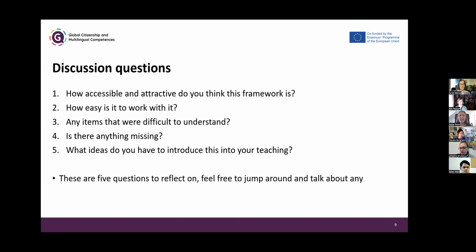We have several questions here, but you don't have to answer in this order, so please let us know, what do you think about the framework? Is there anything missing, or what do you like about it? Is it attractive? How easy is it to work with? So please share with all of us. Maybe if you're feeling shy about putting your camera on or talking to us on the mic, you can use the chat box as well.